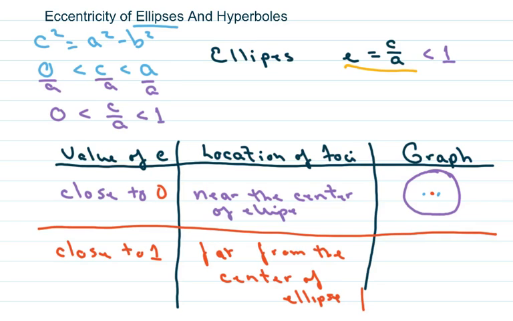Therefore, we would have something like this, a more long ellipse, either vertical or, so here's your center. This is a horizontal ellipse. And for example, our foci are far from it, then it looks more elongated. And that helps you define the shape of the ellipse.